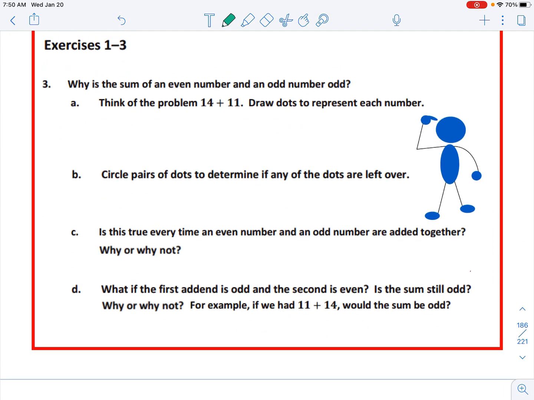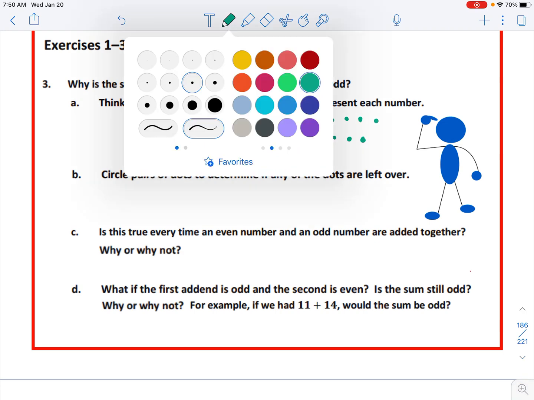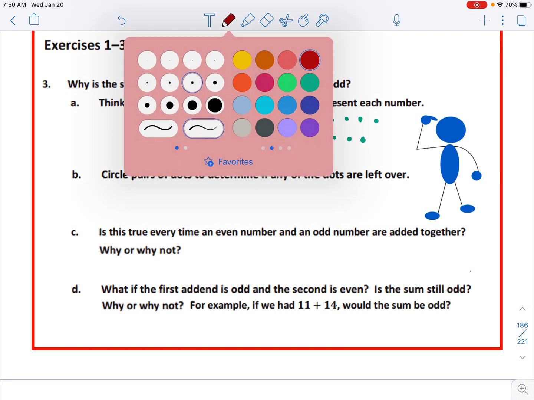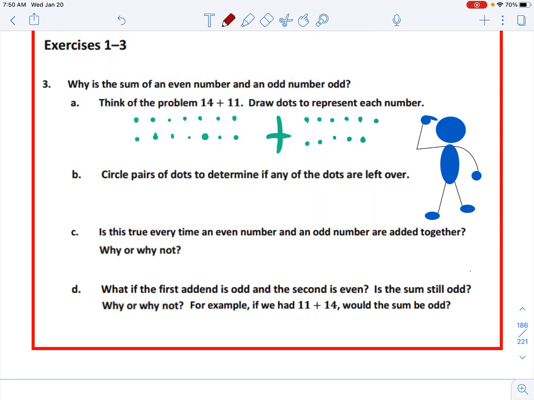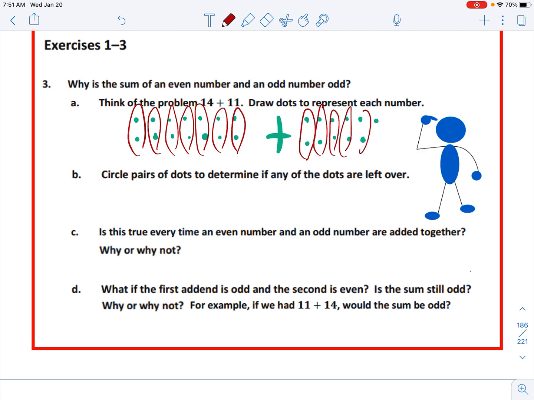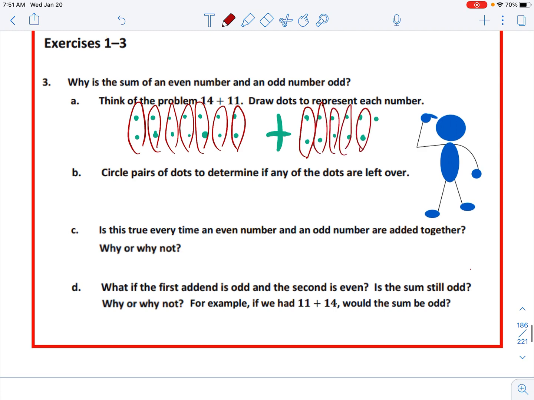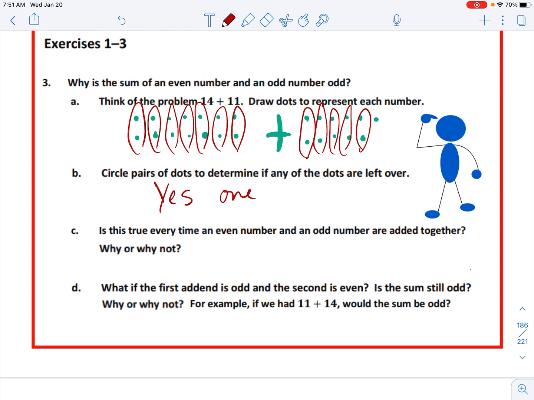Now we're going to add an even number and an odd number. I'm going to do the same thing with the dots. Plus 11. And then I'm going to circle pairs. Okay, are there any left over? Yes, one in the odd number.